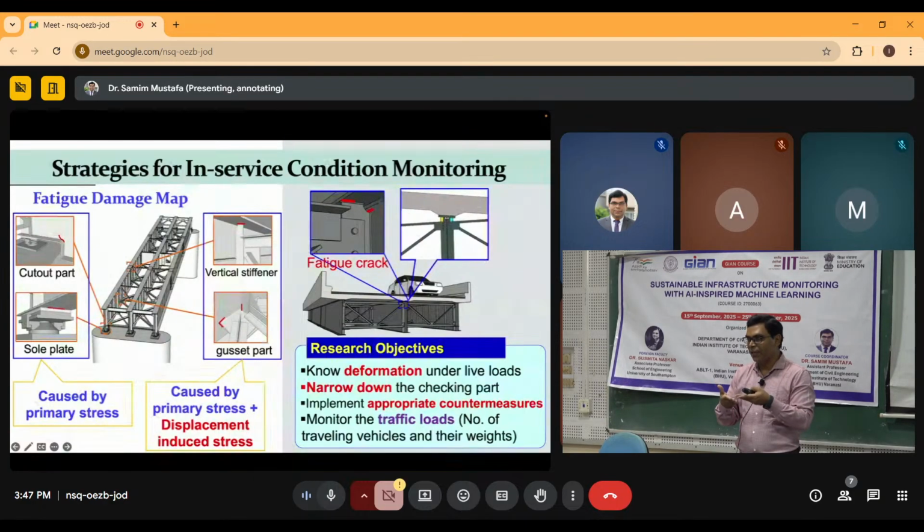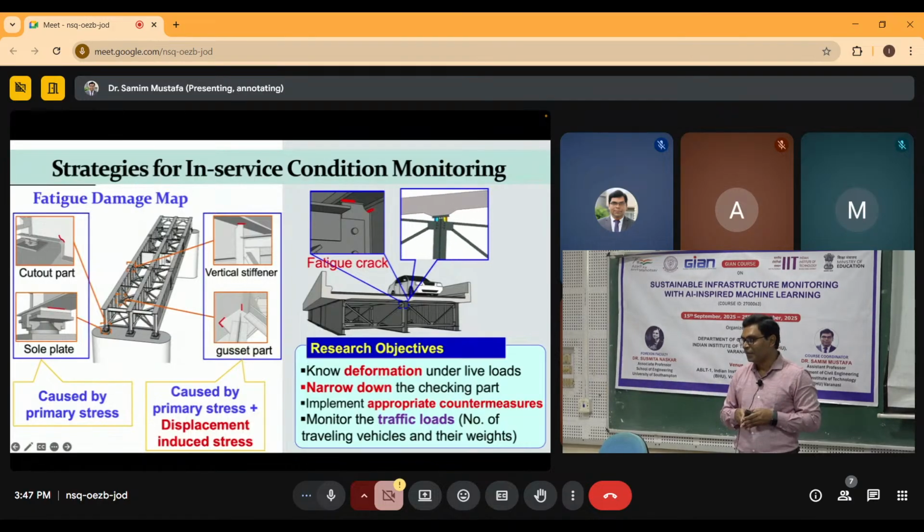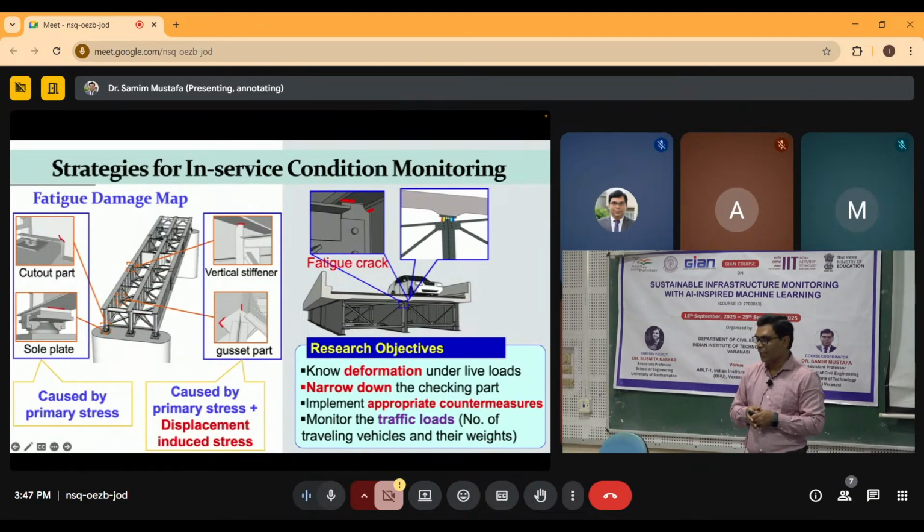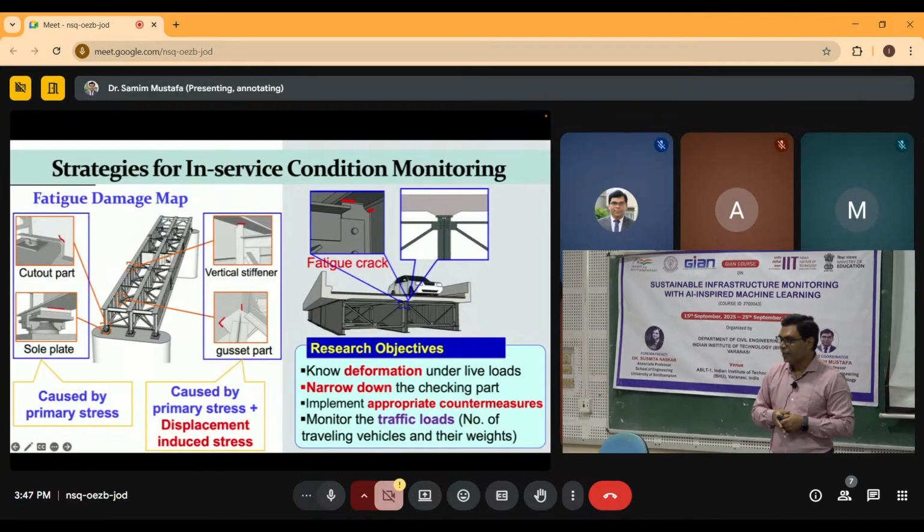Whenever a driver sees something installed on the road, he will be alert. He will reduce the speed or probably avoid that portion of the road. So that is also an issue. That is not an unbiased estimation, that becomes biased. There are a lot of things.